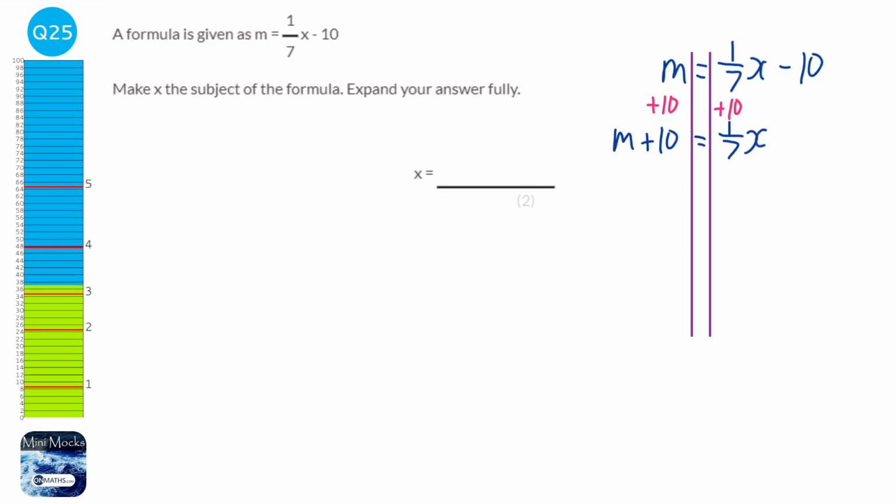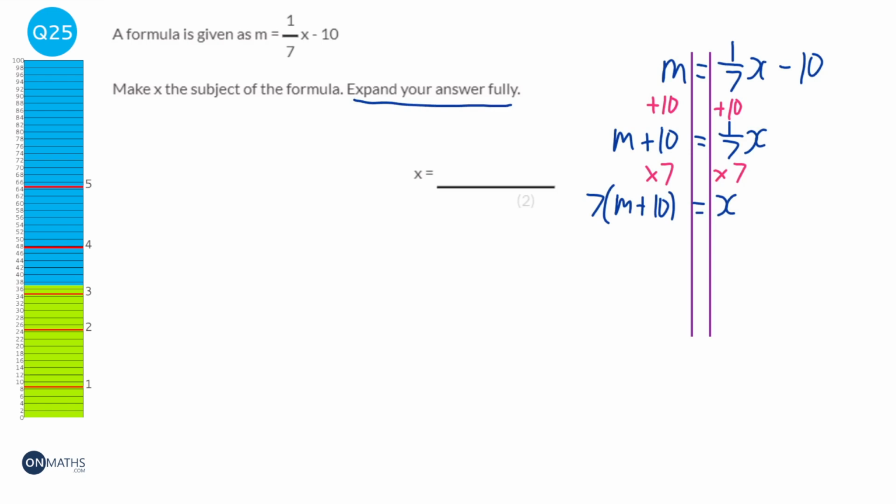Now to get rid of the 1/7, what I can do is just times both sides by 7. So 7 brackets m plus 10 equals x. So x therefore would equal 7 brackets m plus 10, but it says to expand your answer fully. So we're just going to expand the brackets, 7m plus 70.